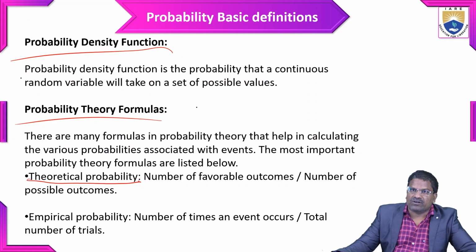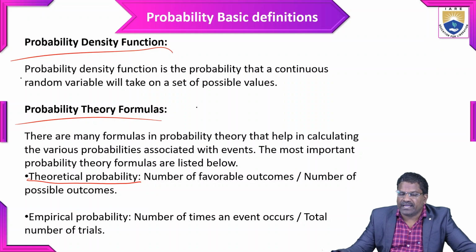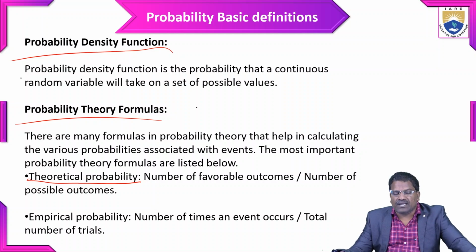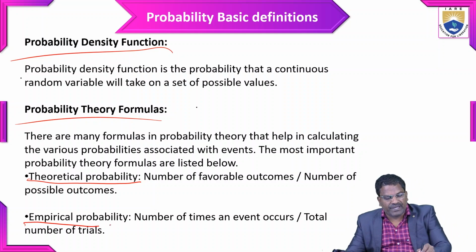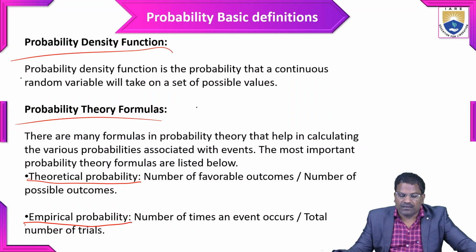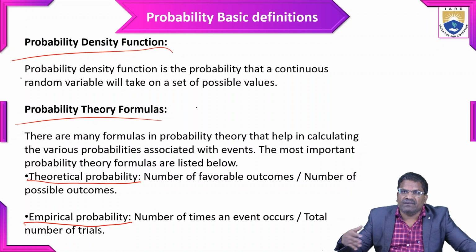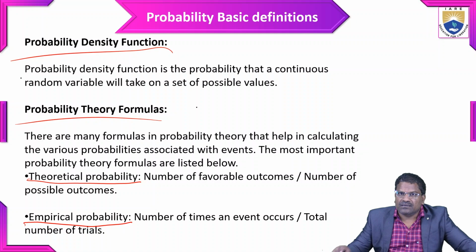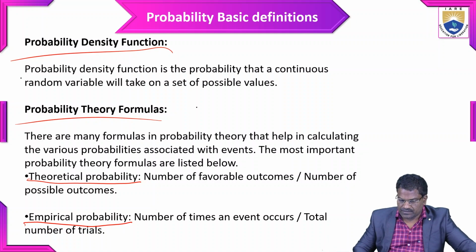Number of favorable outcomes divided by number of possible outcomes. Now let us define empirical probability. Empirical probability is the ratio of the number of times an event occurs divided by the total number of trials.